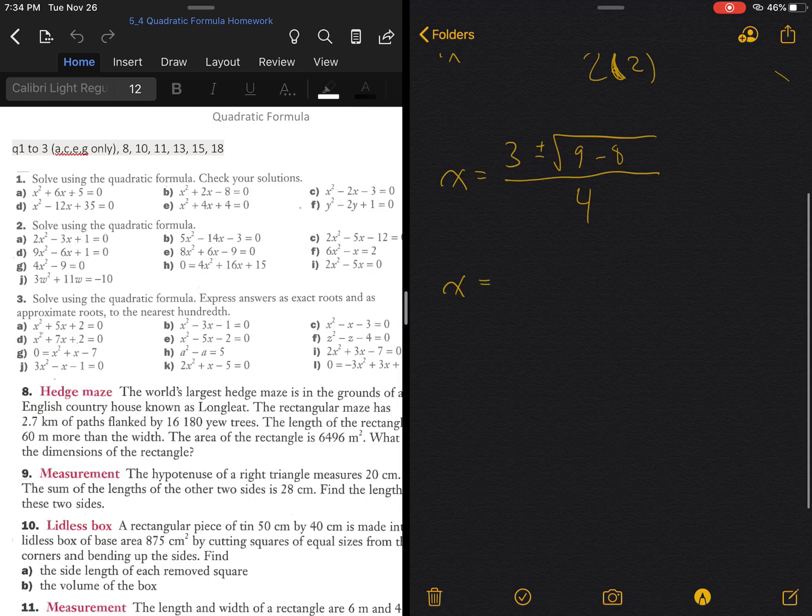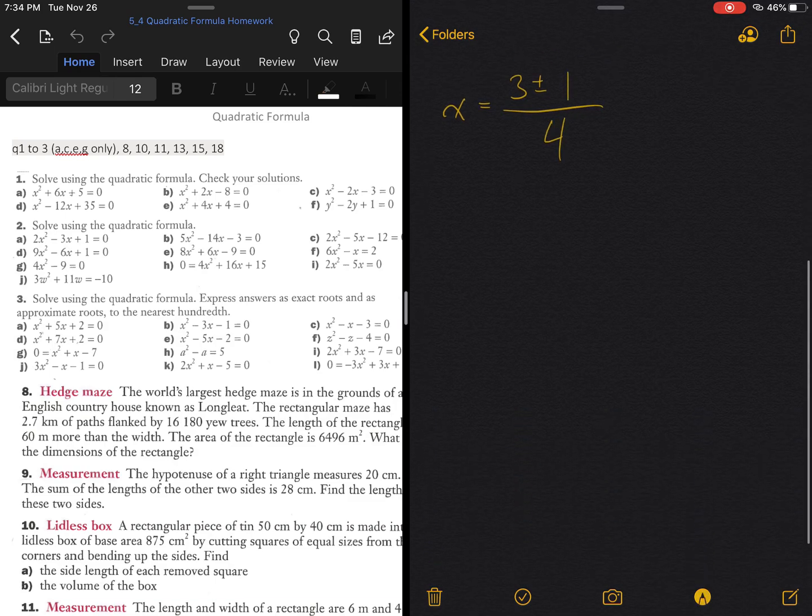And minus 3 squared is 9, minus 8. What are we left with? x equals 3 plus or minus the square root of 9 minus 8.